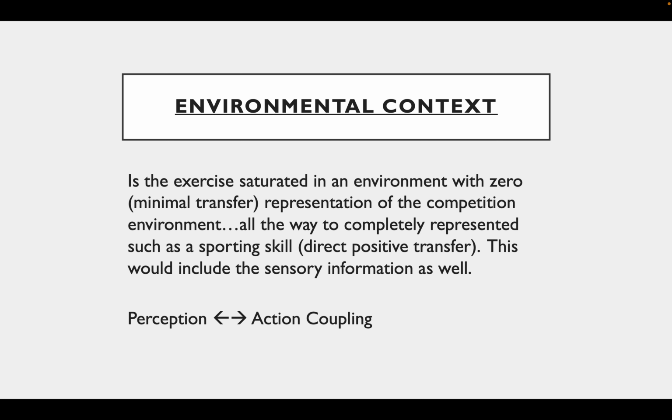So is the exercise you're doing saturated in an environment with zero or minimal transfer, a representation of the competition environment, all the way to the opposite side where it's completely represented, such as a sporting skill itself? In that case, it has direct positive transfer. I'm not saying every drill has to have direct positive transfer in terms of this environmental context, but some people have almost zero on all their drill sequences for certain athletes.